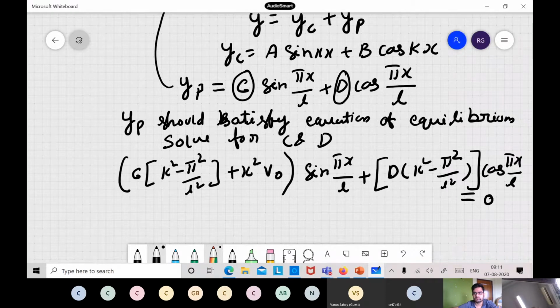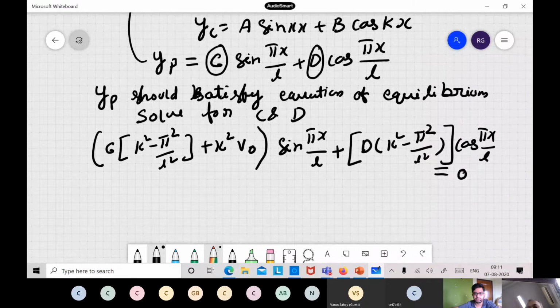So if you substitute your particular integral in the equation of equilibrium and solve for C and D, and do some algebra, taking all sine terms on one side and cos terms on the other, you will get this.